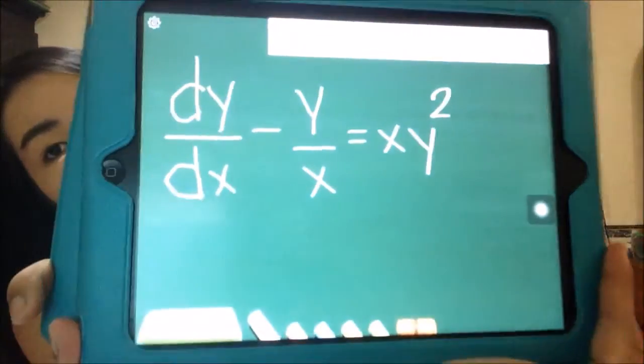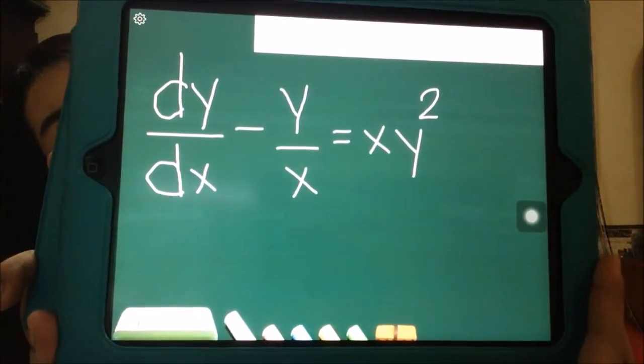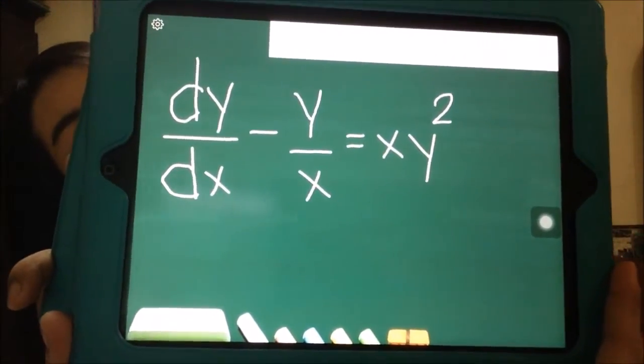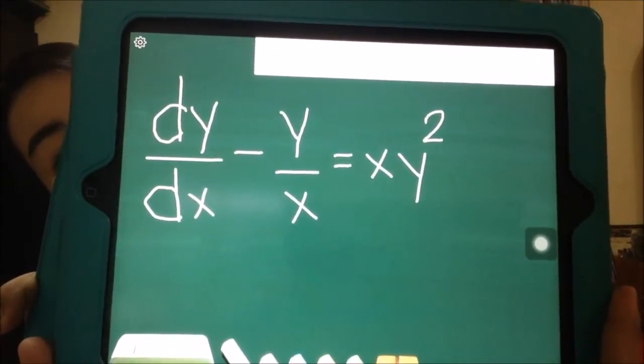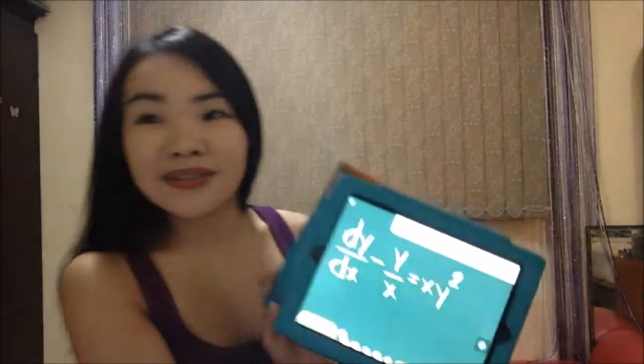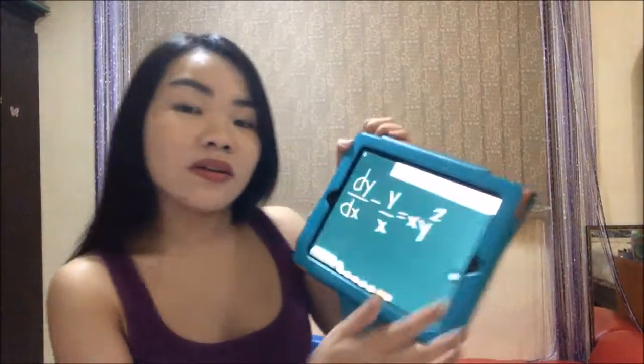So here I'm going to show you some examples of Bernoulli's equation. The Bernoulli's equation is dy over dx plus p function of x times y is equal to q function of x times y raised to n. Here is my first example: dy over dx minus y over x is equal to x times y squared. That's very simple.